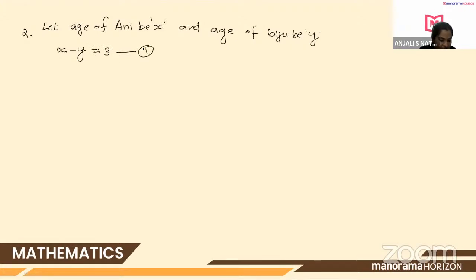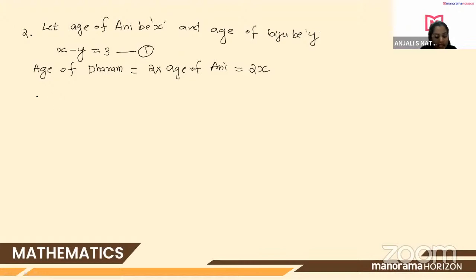And what is the second condition? The second condition is the age of Dharam, that is father of Ani, is equal to twice the age of Ani. That is equal to 2x.